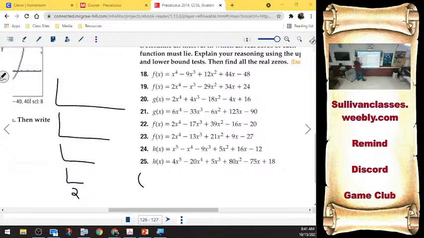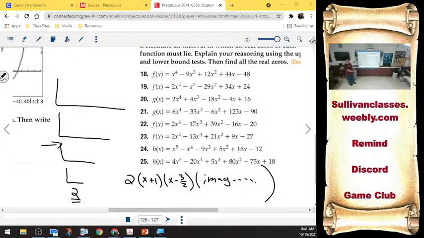If you didn't divide by 2 there, what you're saying now is x plus 1, x minus 3 halves, and then 1 plus or minus root of 3i, imaginary roots. If you don't divide by 2 back here, what you're effectively saying is that there's also a 2 out front of it in the linear factorization.